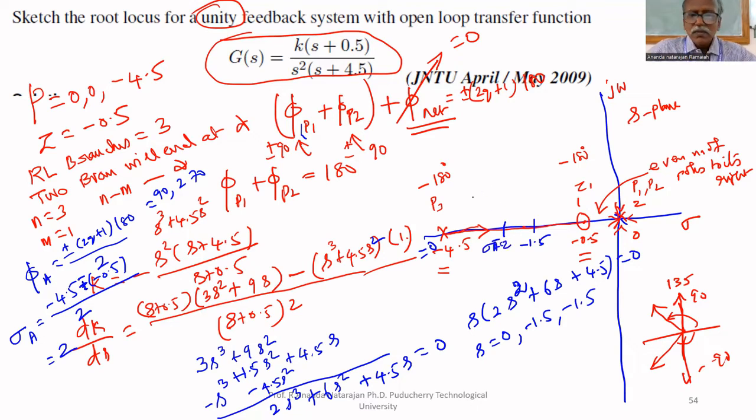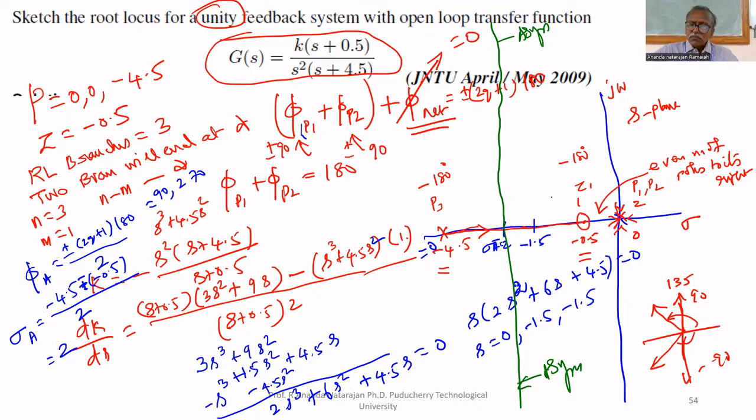The asymptote is going like this. This is one asymptote, this is another asymptote. So this comes like this and goes this way. Symmetrical. That's why it is coming like this and goes this way.